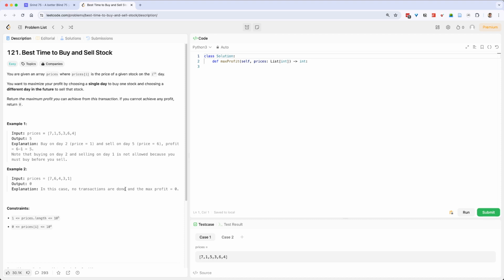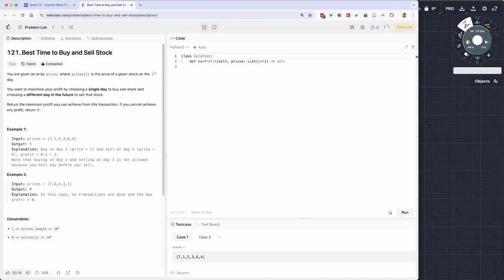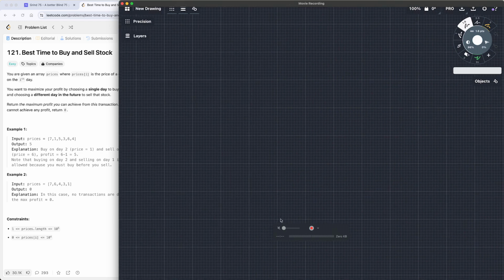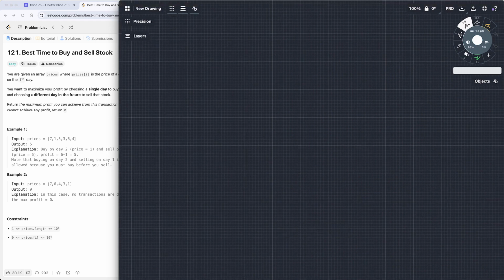Our examples are, let me make this a little bit smaller so I can bring in the iPad here. Our examples are here, right? Prices is 7, 1, 5, 3, 6, 4. So if you imagine this is a chart, make that 7, 6, 5, 4, 3, 2, 1, 0.